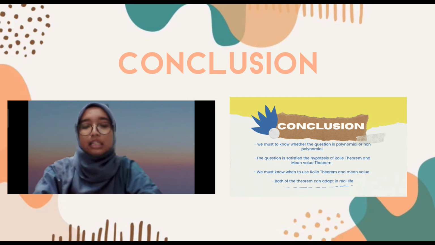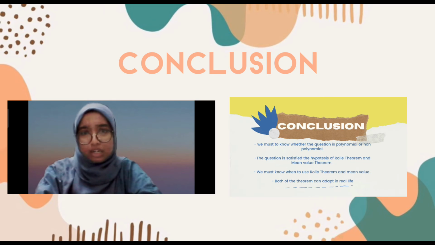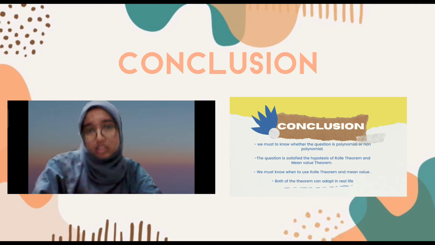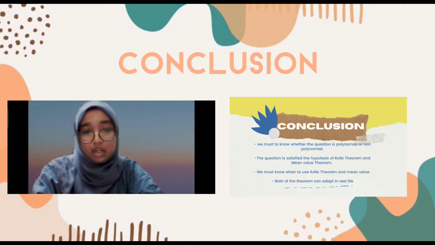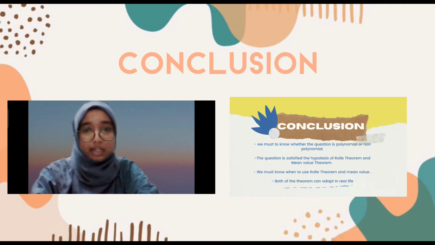The second conclusion is that the questions satisfy the hypothesis of Rolle theorem and mean value theorem. For the problem statement on Rolle theorem, the first question f(x), we replace it with the interval 1 and 5, and the answer is 3.